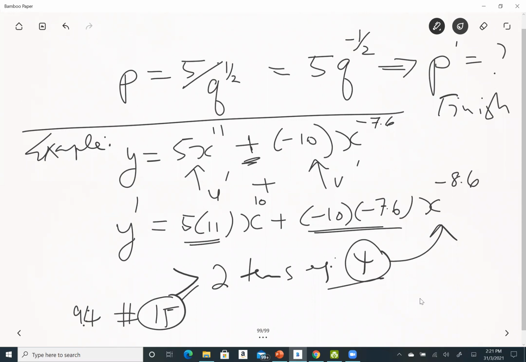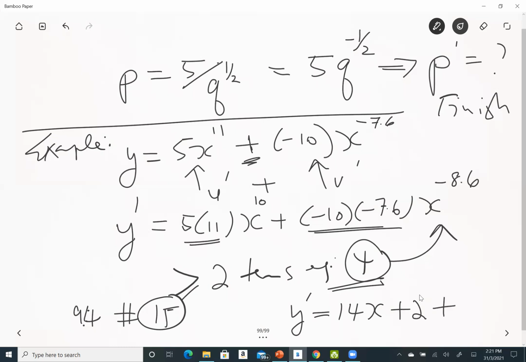Get the derivative, number 15. So what is y prime? 7x squared, 7 times 2, so that becomes 14x. That's the first term. Then differentiate the second term, 2x. What is the derivative? 2.